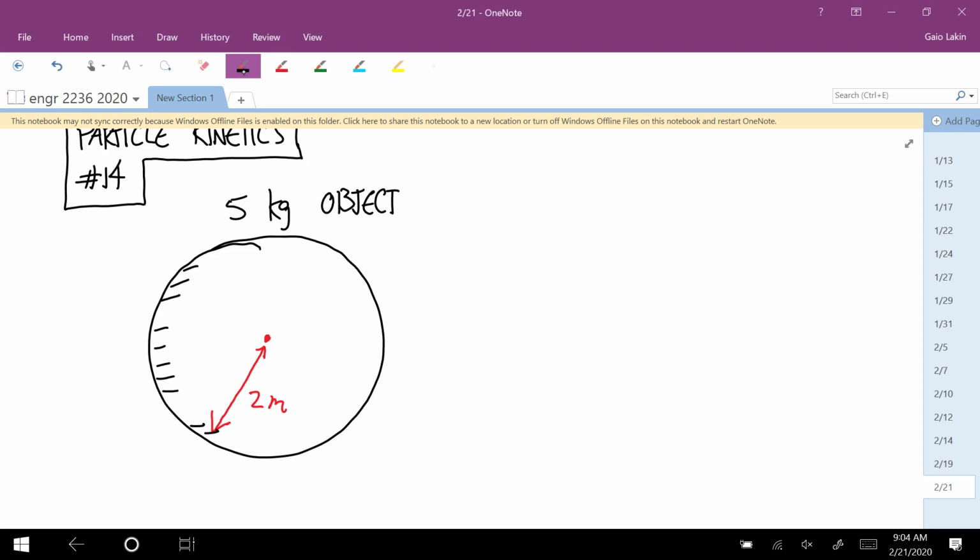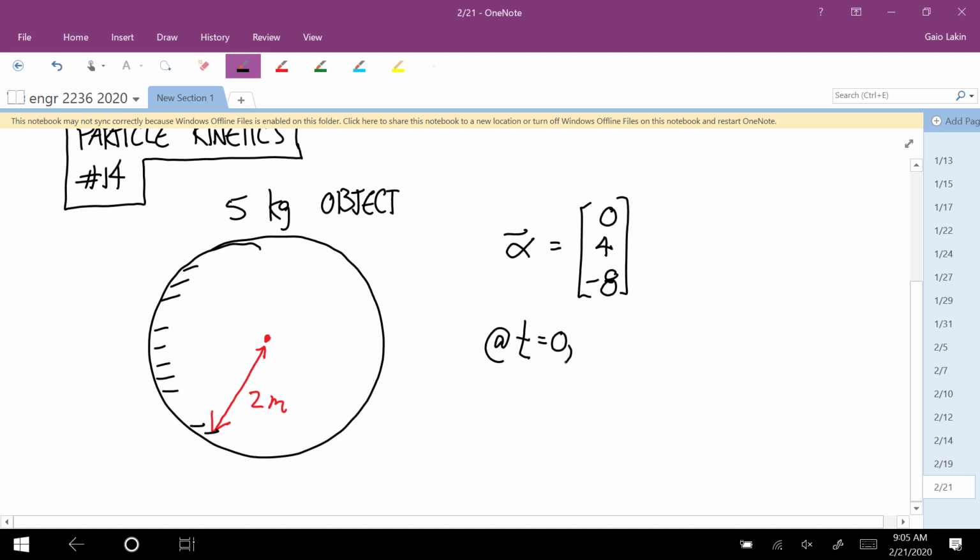It has a constant angular acceleration of 0, 4, -8, and at time 0 the angular velocity vector is 5, 0, 0. This is radians per second squared, the angular acceleration. The angular velocity is radians per second.